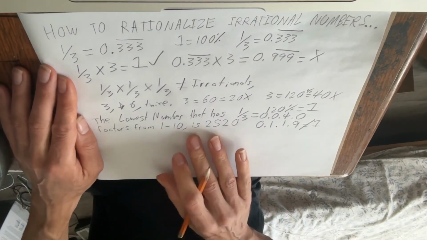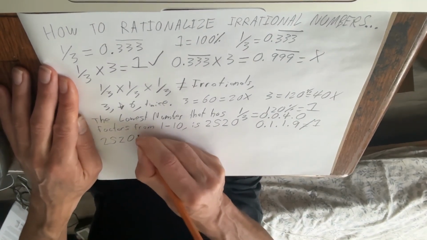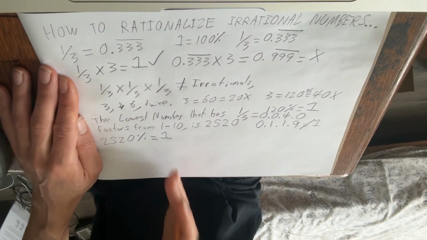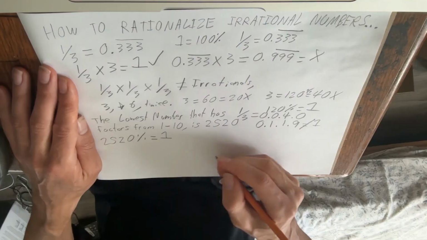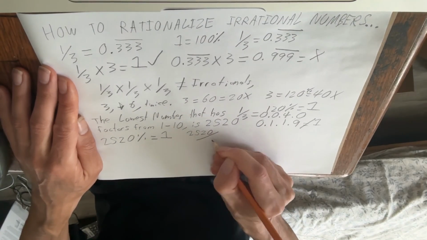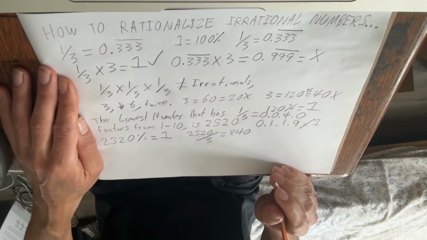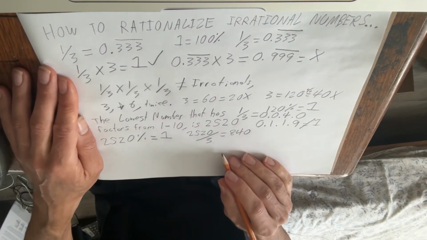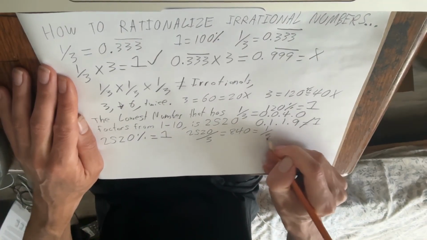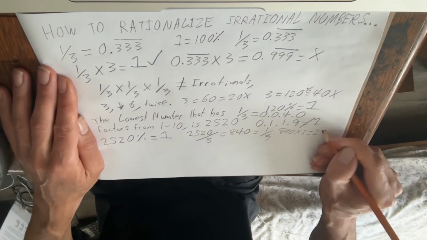So for example, when 2,520 becomes the total percentage that would equal the whole number being the 1, then if 2,520 is divided by 3, we get 840, which means once again 1 over 3 can be represented, right? Because 840 is equal to 1 over 3, and 840 times 3 equals 2,520.